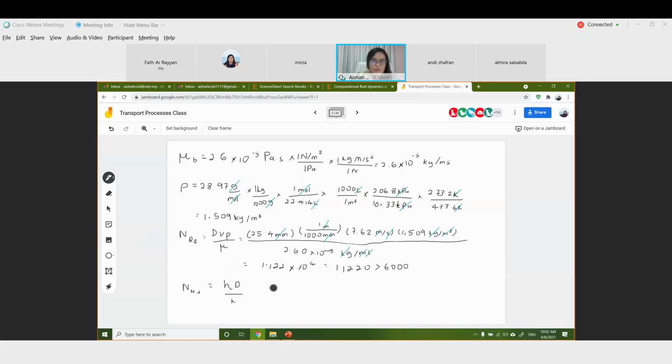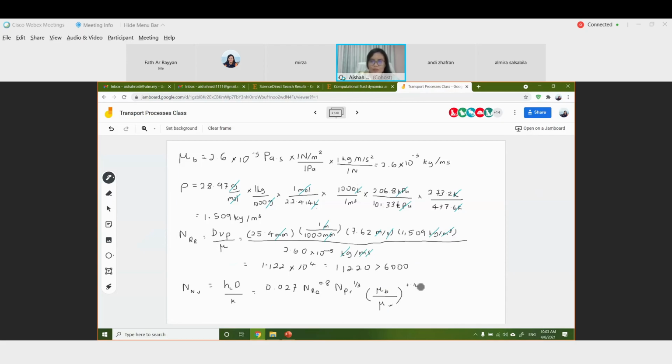Nusselt number, h L D over k, equals 0.027 times Re, the Reynolds number, to the power of 0.8, times Pr, the Prandtl number that we can get from the appendix, to the power of 1 over 3, times mu bulk over mu of wall.